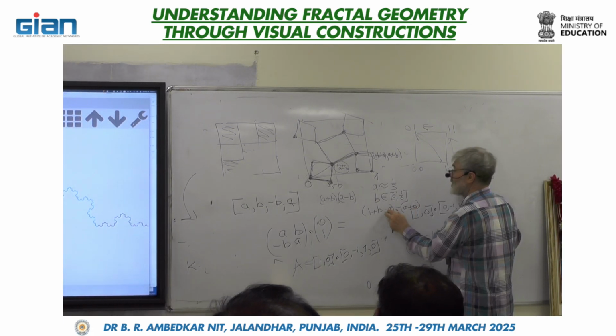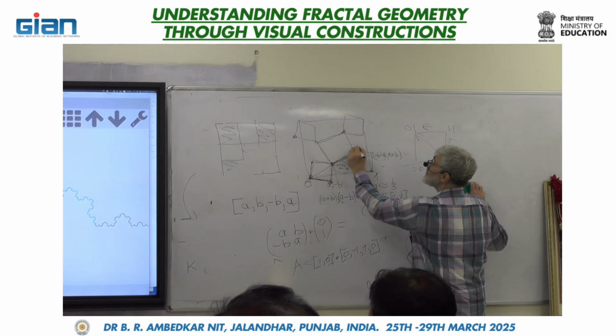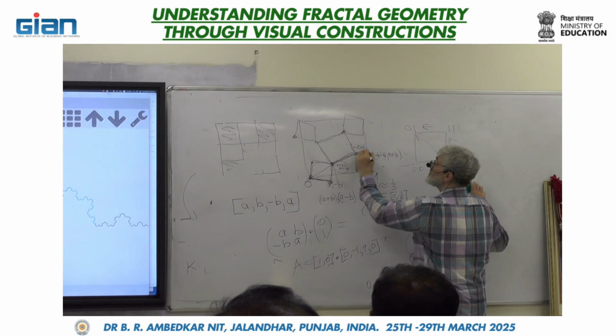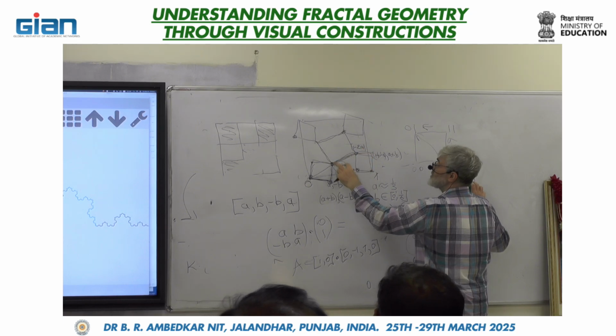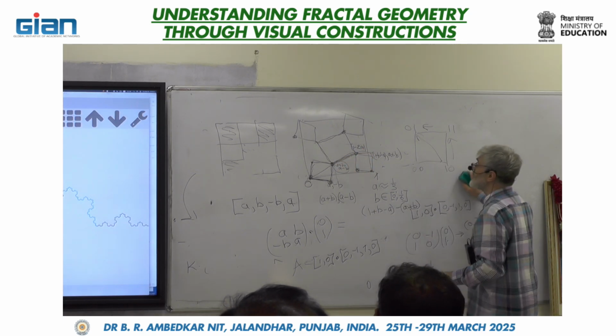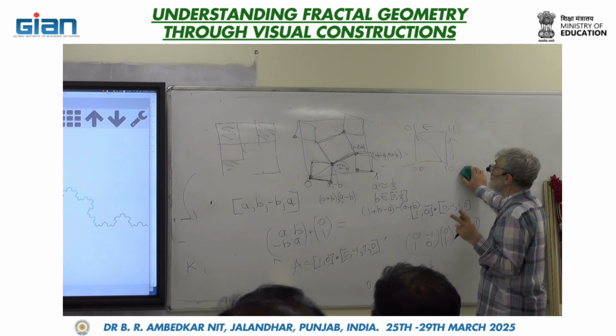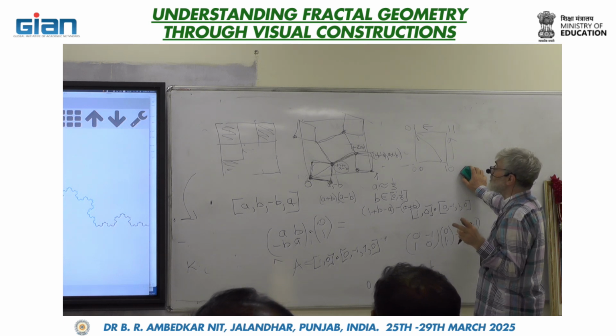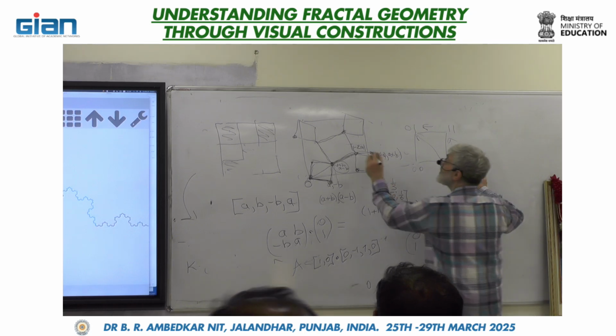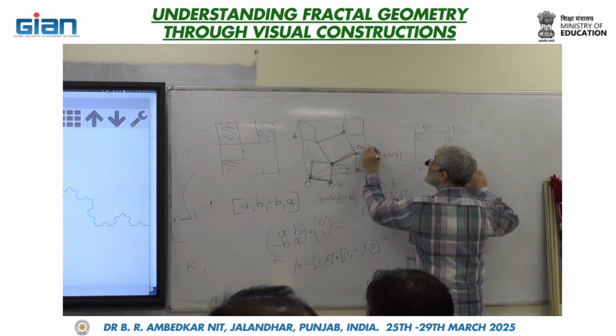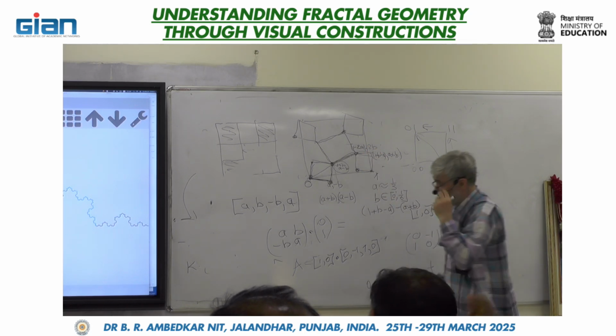B is 1 minus 2A, 1 minus 2A, right? And the second coordinate will be A plus B minus A minus B, 2A. A plus B, 2B. 1 minus 2A, 2B. Okay.